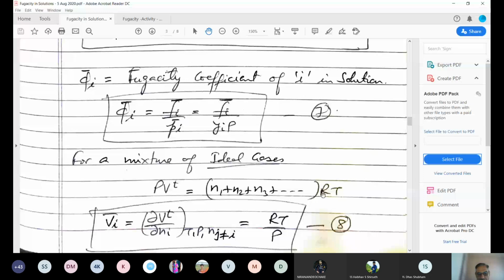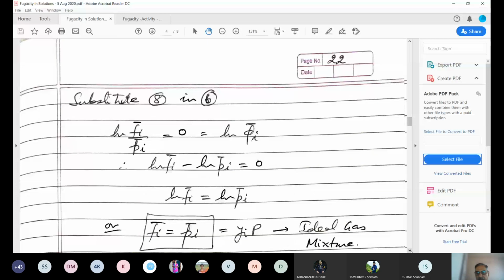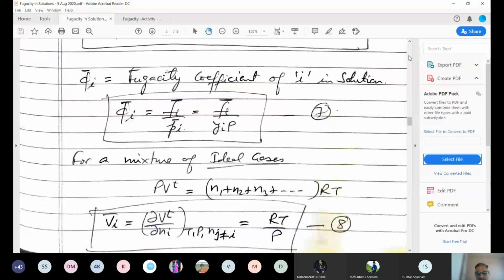Similarly, for any component i, I'll get the same thing, RT, and the P comes from there. Okay? Was equation 8 understood?